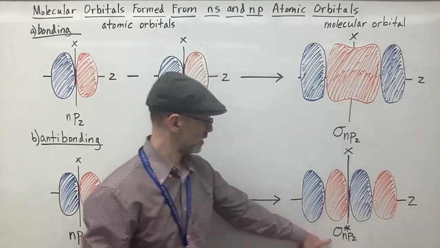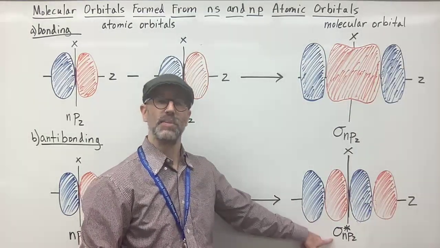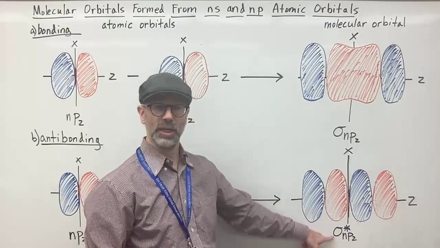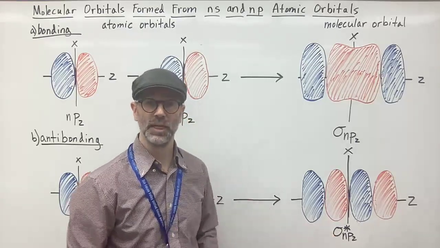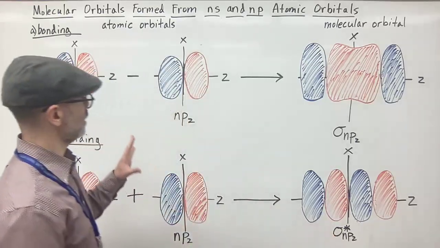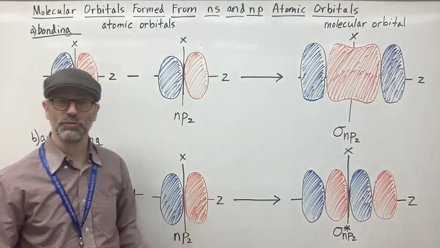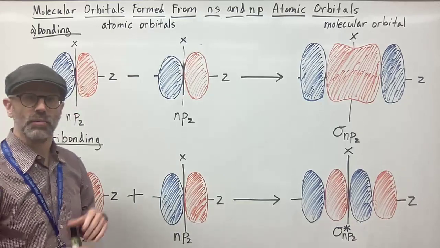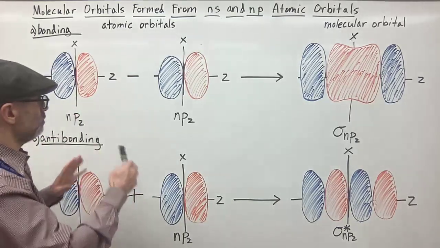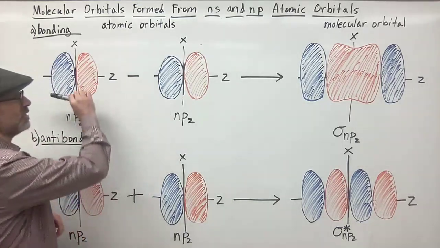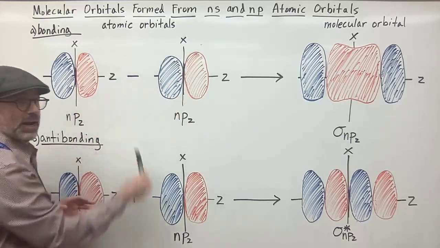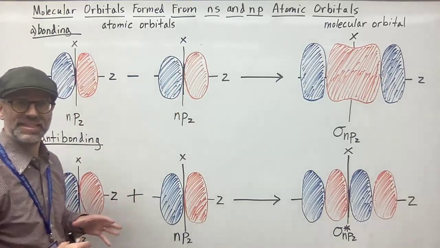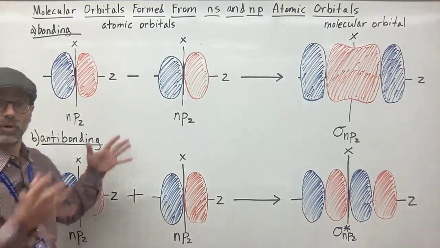And so this is the sigma n PZ star molecular orbital, an antibonding molecular orbital. This is what I was referring to before with regard to forming your molecular orbitals. Now, again, I want to point out these are two different ways in which the PZ orbitals can overlap.